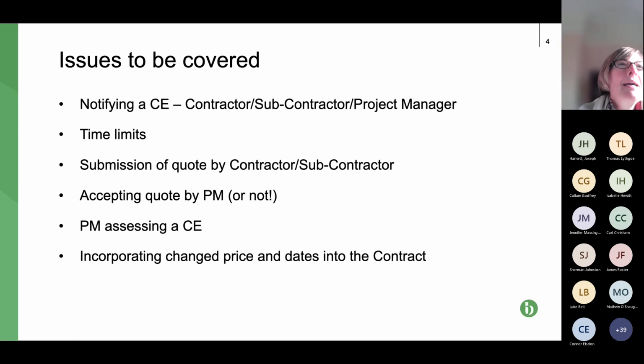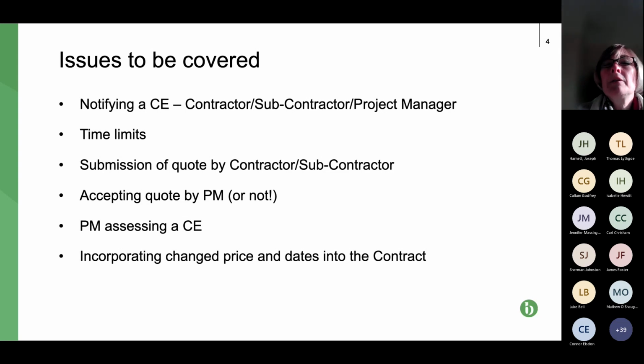So today, as I say, we're focusing on the CE process. So we're going to be looking at notifying a compensation event, why that's important, who needs to do it and when. So the time limits. We're looking at submitting the quote by contractor or a subcontractor in a subcontract.